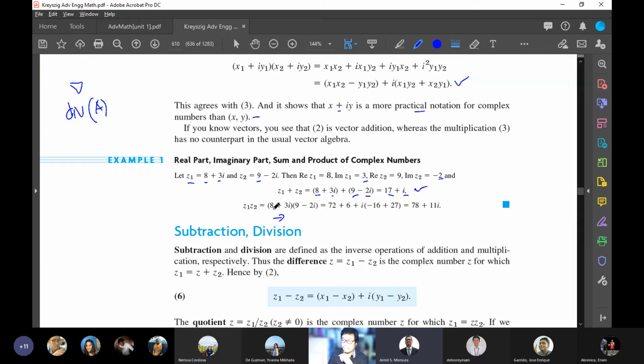For example, in this case, you have 72, which is 8 times 9. Plus 6, which is 3 times negative 2 times negative 1. Where did I get the negative 1?